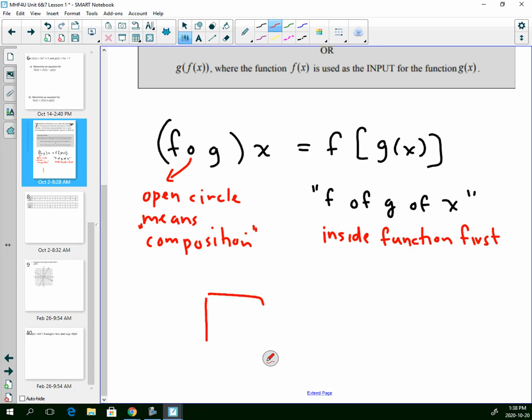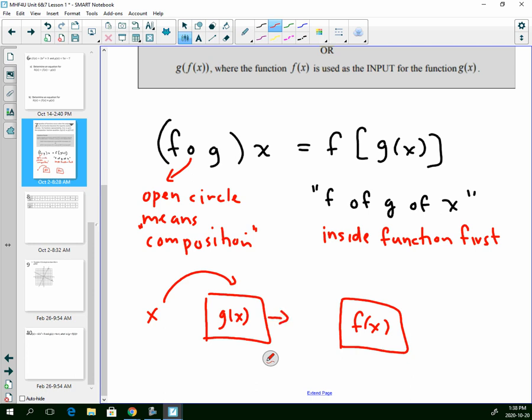So here I have the inside function g of x, and then I have the outside function f of x. So I'm going to take x, I'm going to plug it into g of x, which is going to give me a value, y, and then that gets plugged into f of x and gives me my final result. Okay, so that's why sometimes they compare it to a machine or an input-output machine.